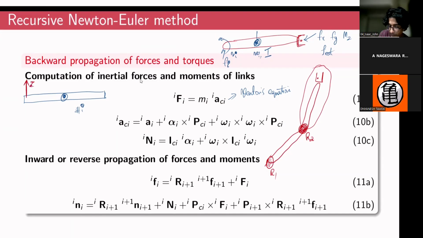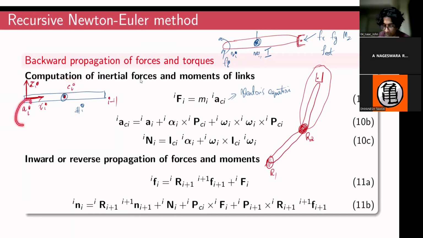I'll label this axis as Zi, and this axis to be Xi. This point is i and this point is i plus 1. And this point I'll call Ci. This is nothing but the location of the center of gravity.